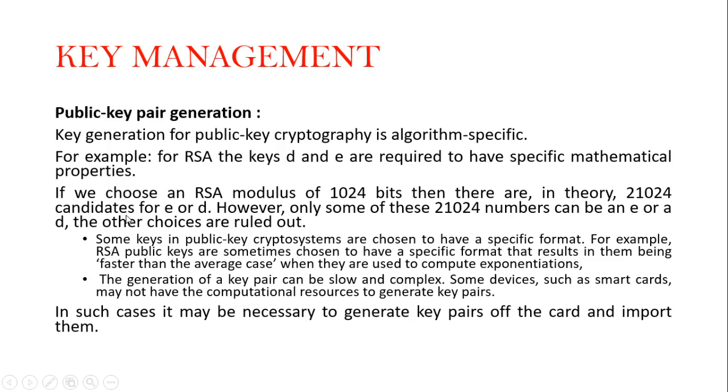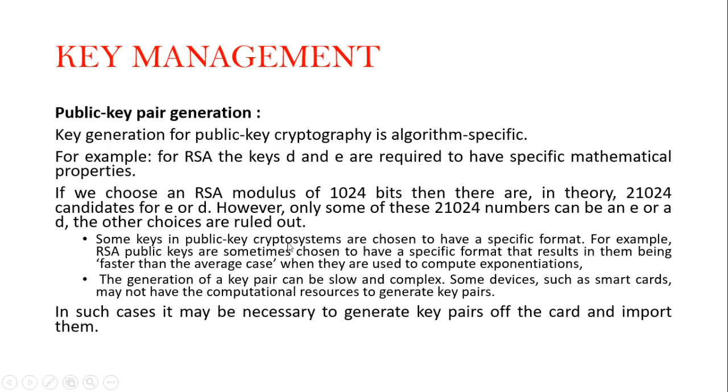If we choose an RSA modulus of 1024 bits, then there are, in theory, 2^1024 candidates for E or D. I think we'll be using E and D for the public and private keys. However, only some of these 2^1024 numbers can be an E or a D. The other choices are ruled out.